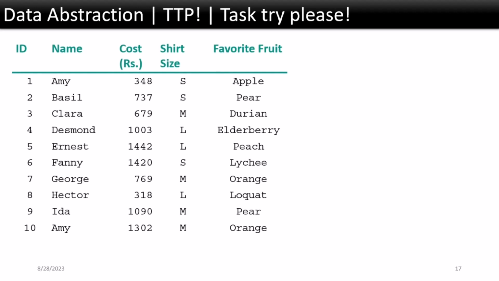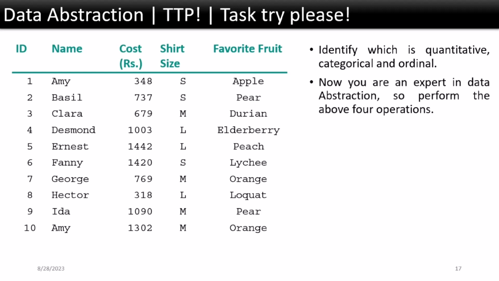In this table, as you can see, there are 10 people buying shirts from a particular place, and there is some data called favorite fruit, another attribute, which is also given. What we have to do is identify the quantitative, categorical, and ordinal attributes, and then, as experts of data abstraction, perform the four operations. We will do it.